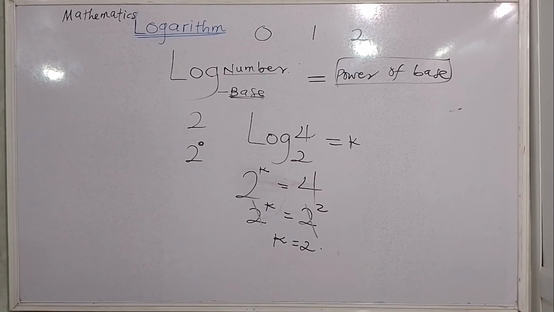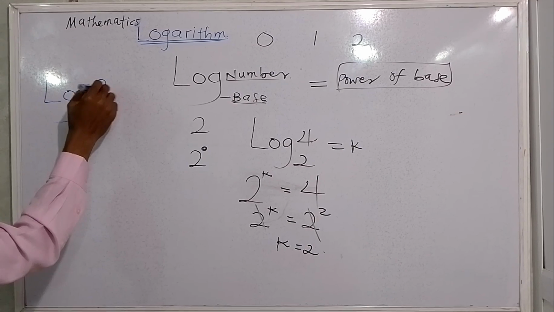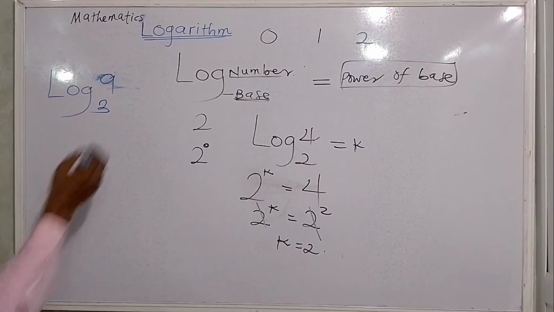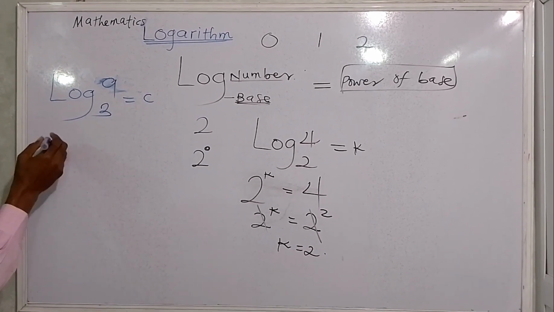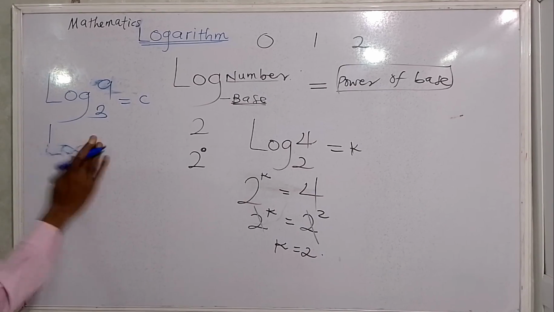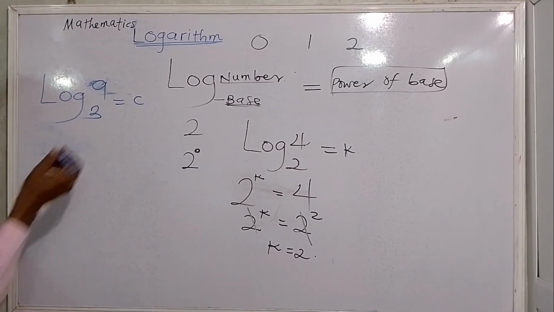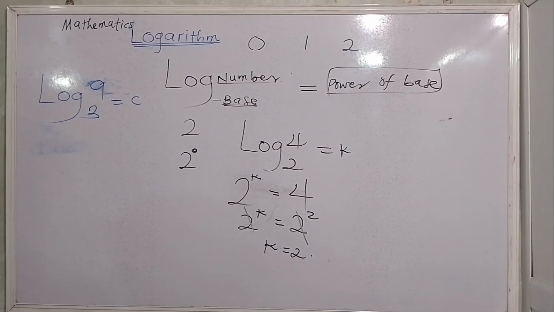Now, as a quick classwork, what will you call the answer to log of 9 base 3? Let's say your name is Chiamaka, so that's C. Then you write log of 9 base 3 equals the answer. That answer is what must stay on the base to give the number.